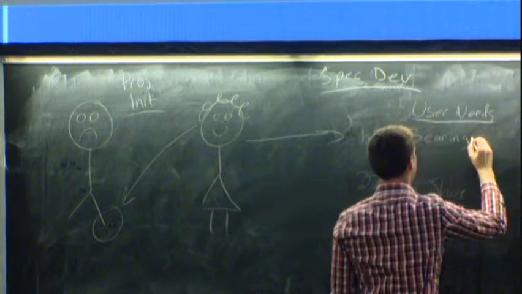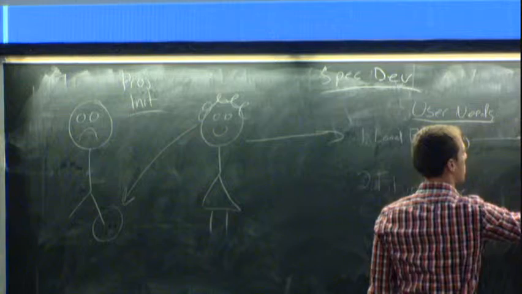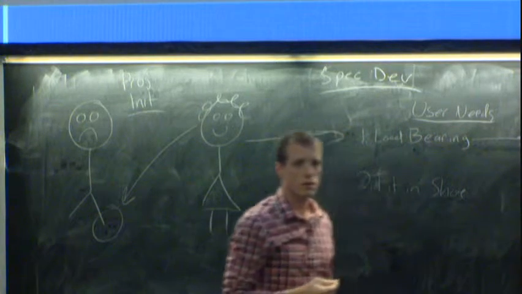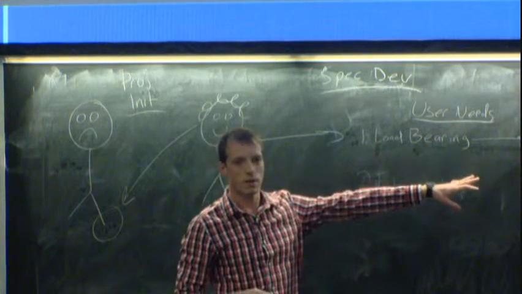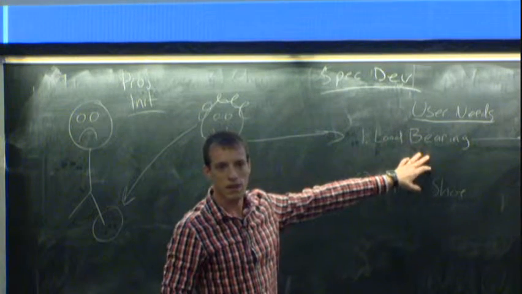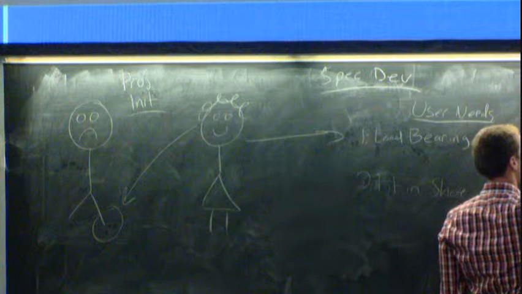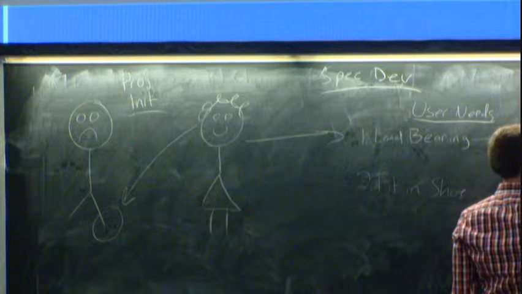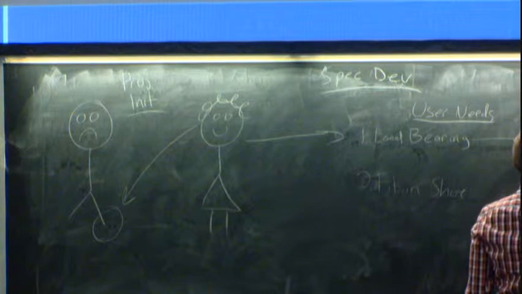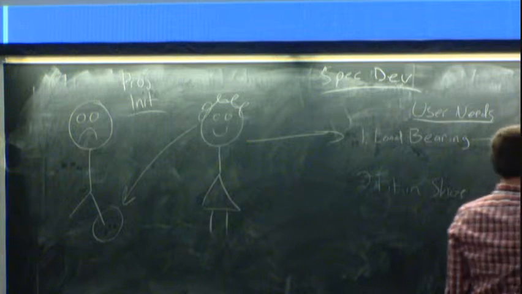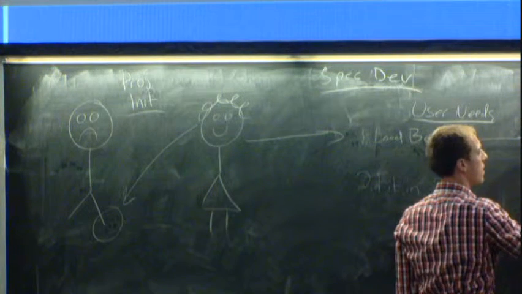So let's come up with a couple of specs for load bearing. We have spec 1.1, right? So user need 1, spec 1.1. It's load bearing, let's say, should withstand 2 times body weight, static. Maybe 1.2 is a fatigue spec.